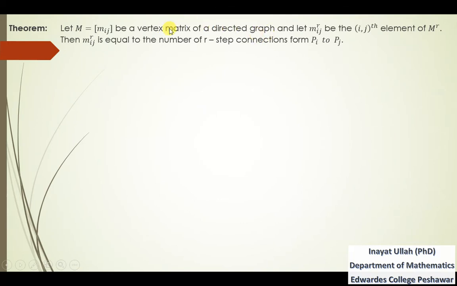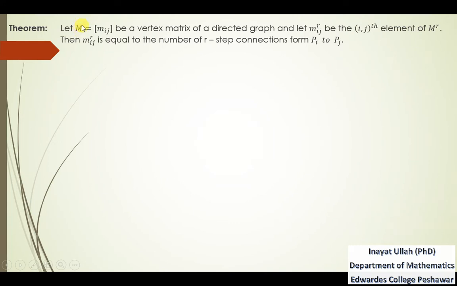You are given a vertex matrix which is obtained from a directed graph, and let M_ij to the power r be the ijth element of M power r. This M power r, what does it mean?